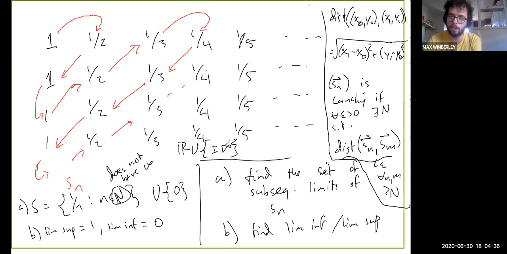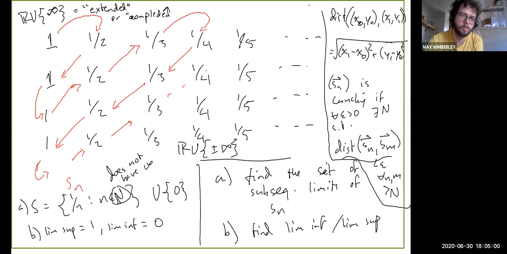Sometimes in topology, R with a single point at infinity is something that people talk about as the extended or completed real numbers, but we don't talk about that in this class.